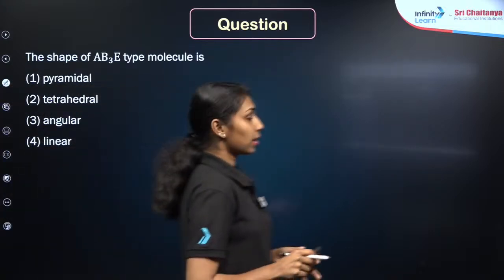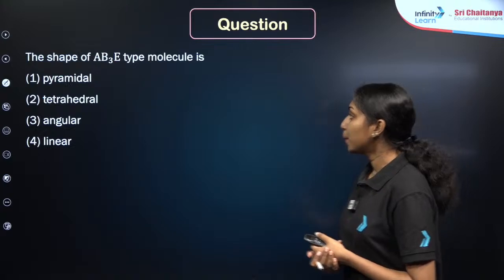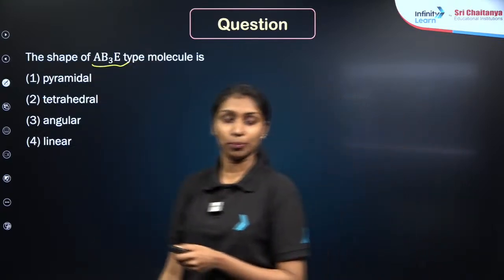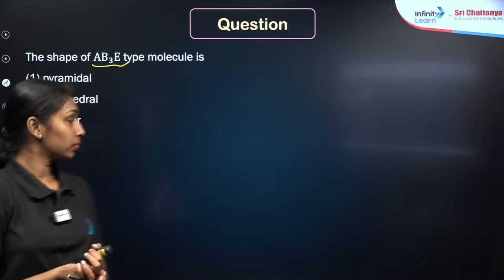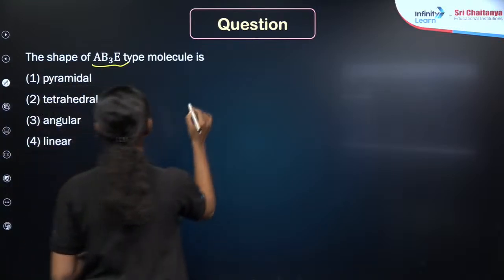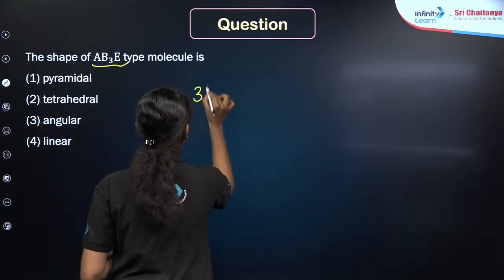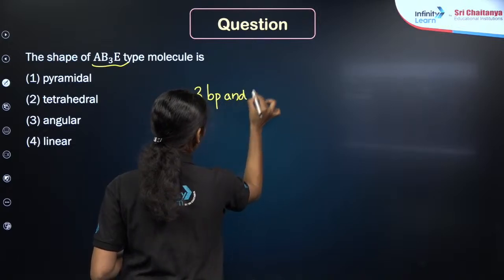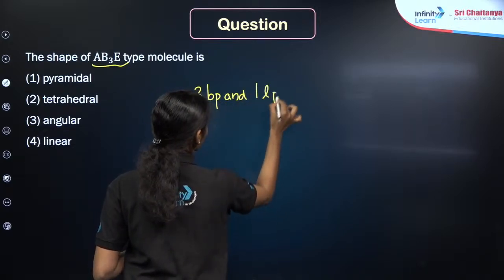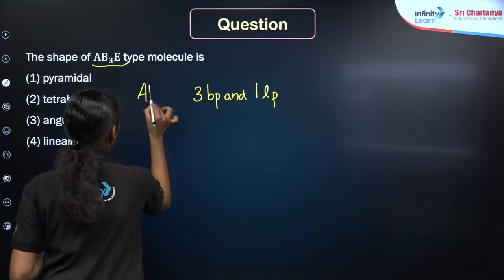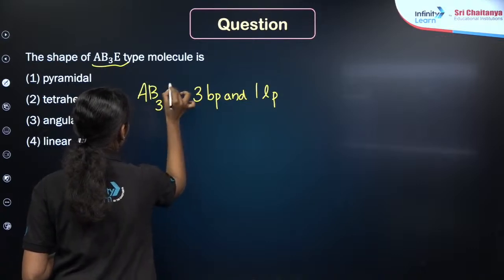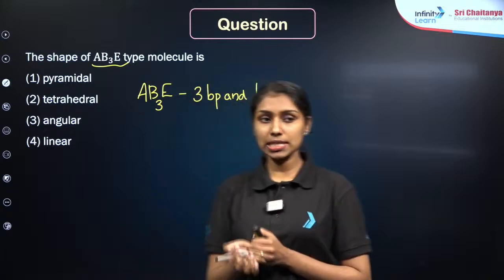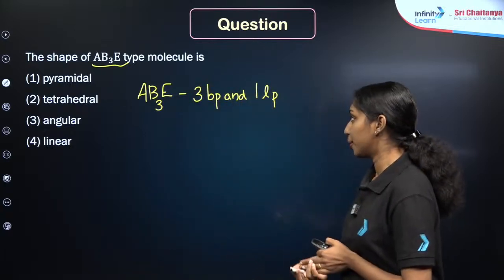The next question is the shape of an AB3E-type molecule. What is the answer? AB3E means 3 bond pairs plus 1 lone pair.